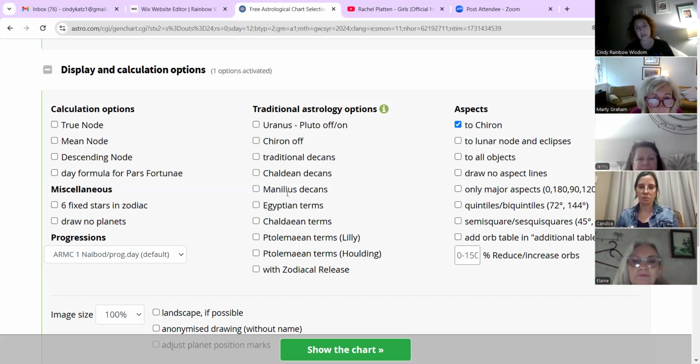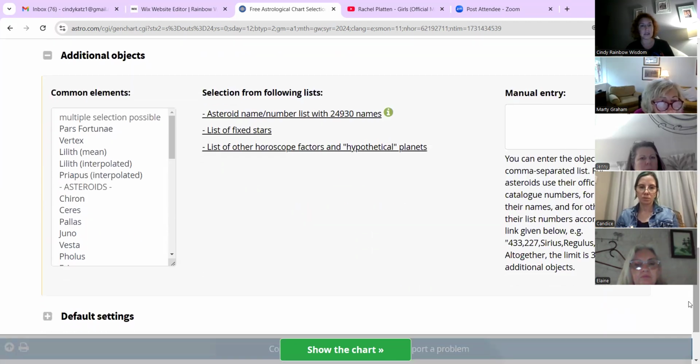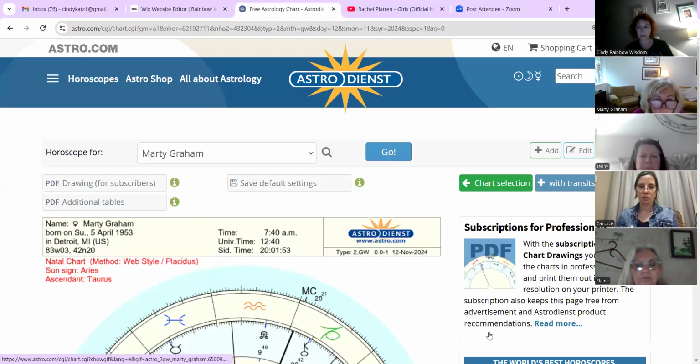No, this is not the house, sorry, that's a different style of astrology. You can add in the nodes, more info on the nodes or the fixed stars. And maybe down the line you can look up your Lilith. You can add your Lilith, you can add other planets, etc. But we're just going to do that one thing to keep it a little bit simpler.